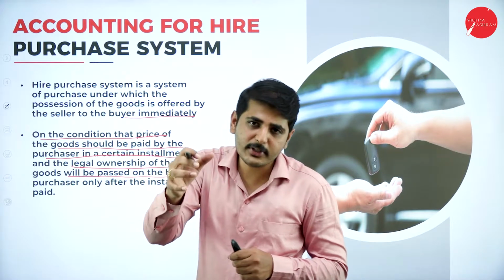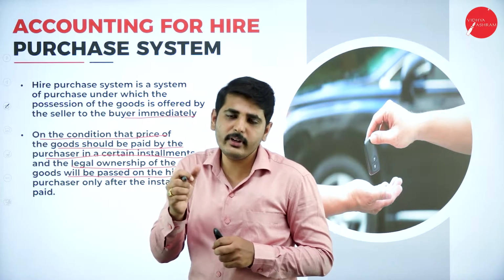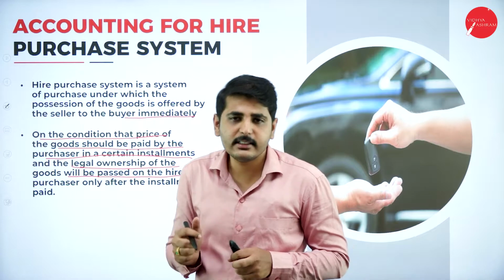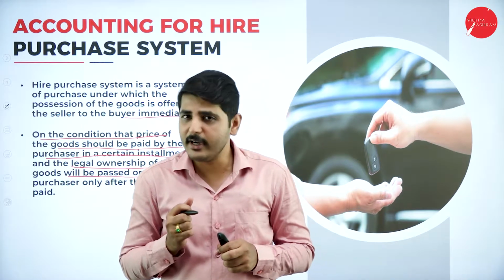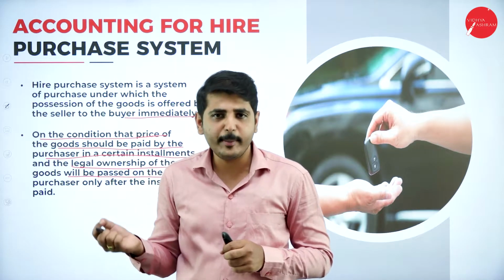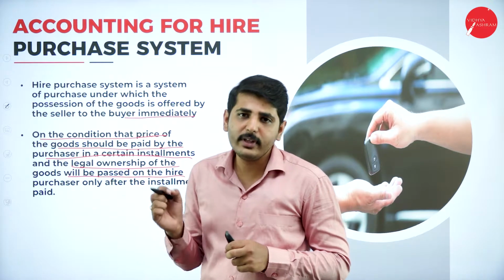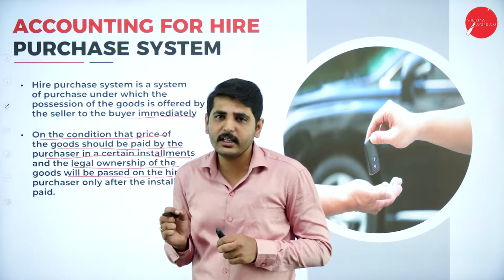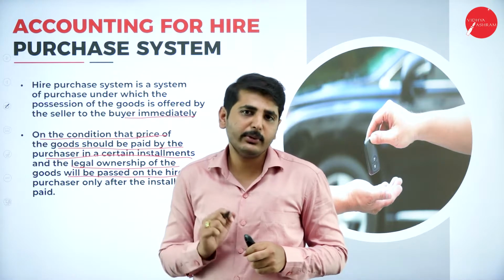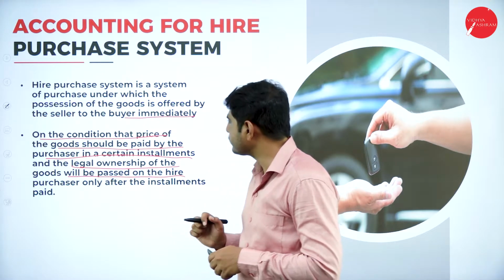He will repossess the goods. Who will repossess the goods? Hire seller will repossess the goods from hire purchaser because of non-payment of any installment. The ownership will transfer only after the payment of all installments.